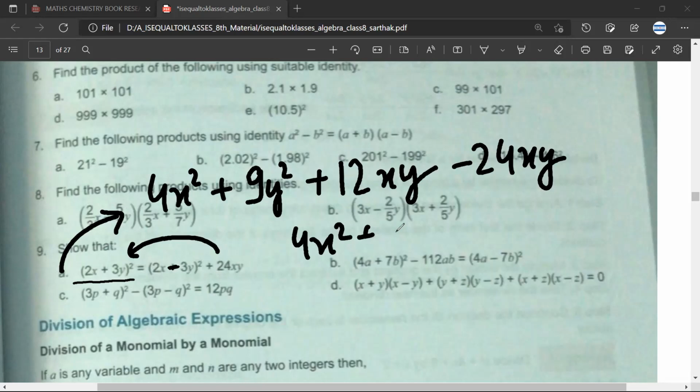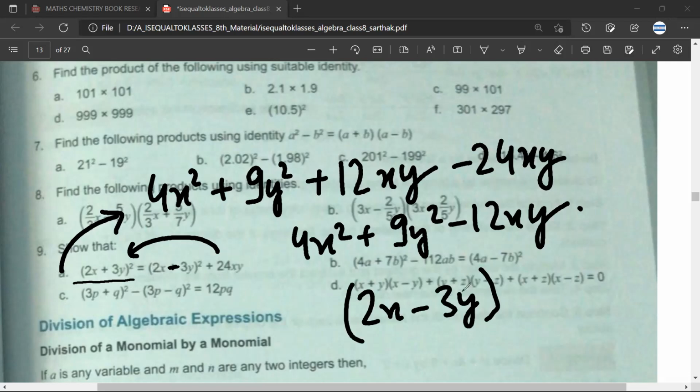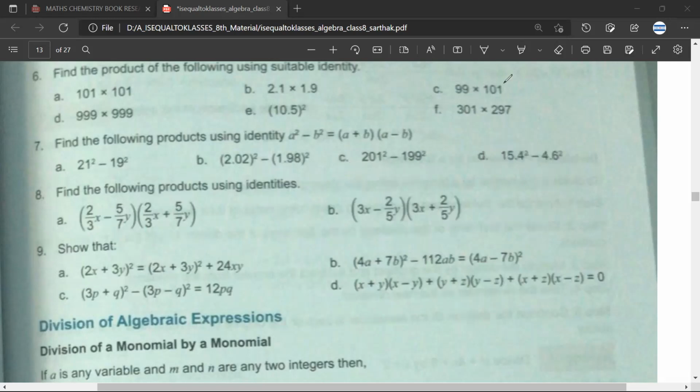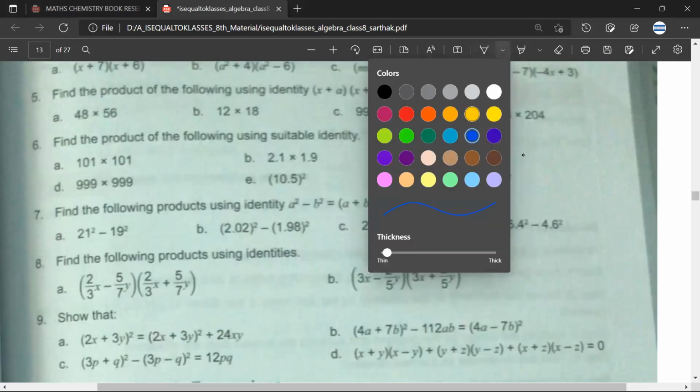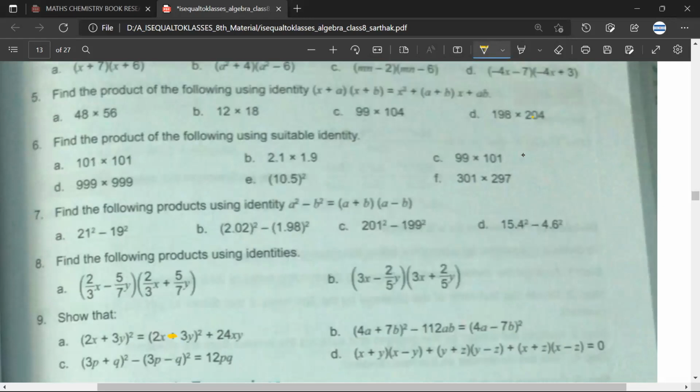So this would be 4x square plus 9y square minus 12xy, and this would be equal to 2x minus 3y whole square. Sarthak, have you understood what I've done? Yes. So in your book, just do a correction that this should be 2x minus 3y whole square. Have you understood? Yes. You'll have to do this correction in your book. Let me mark it here. So this should be 2x minus 3y.